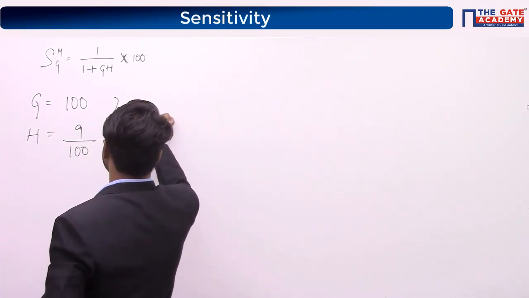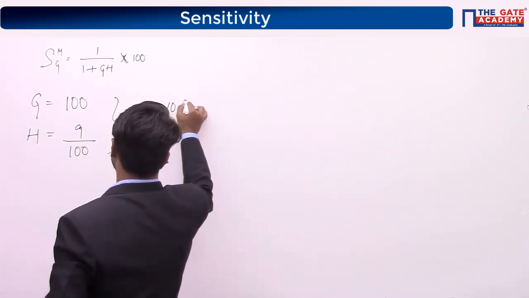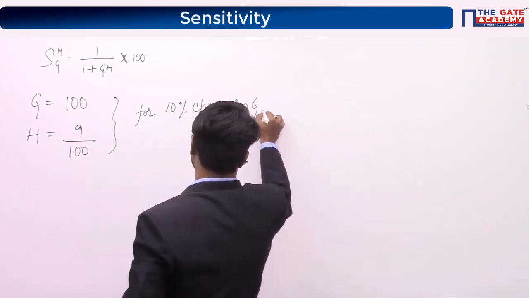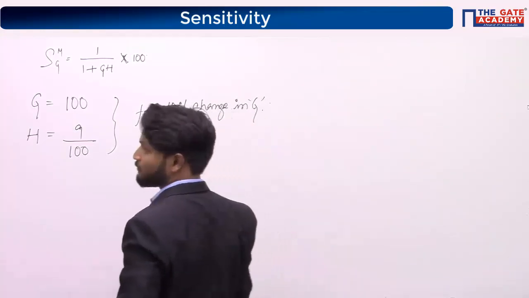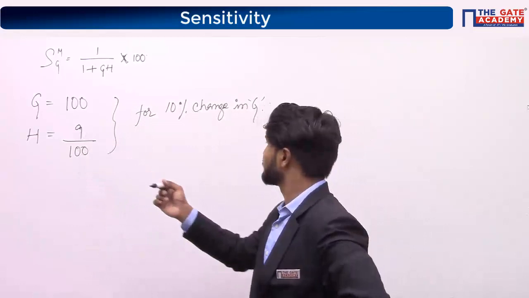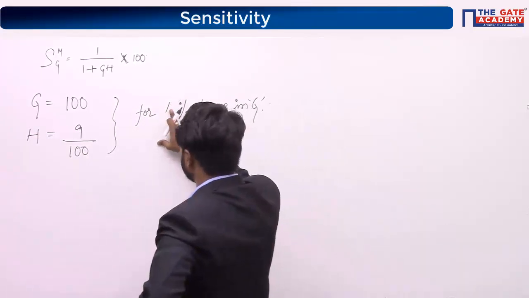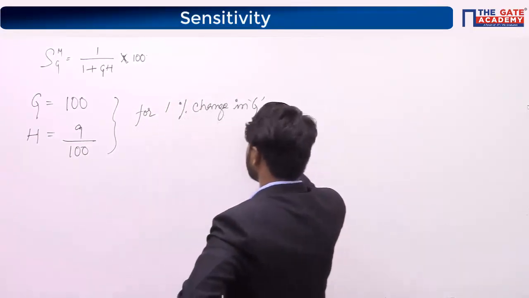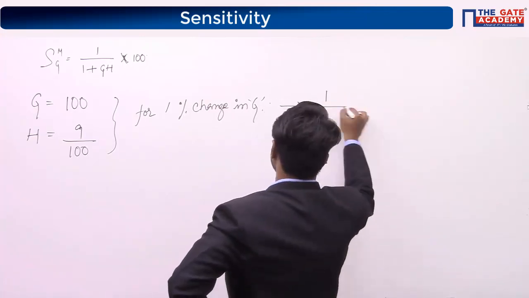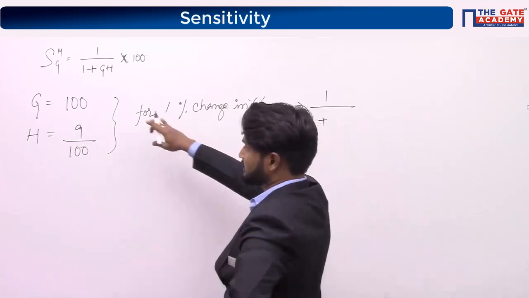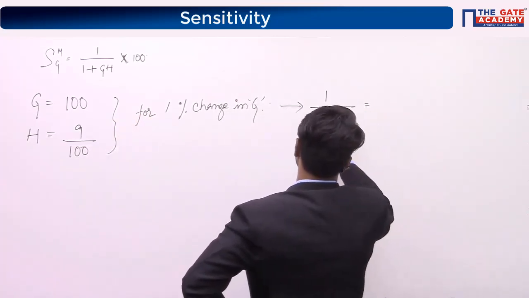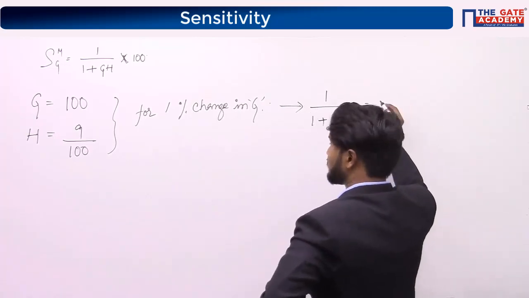Therefore, for 10% change in G, the variation in G is 10%. For 1% change in G, the change in M will be 1 by 1 plus GH, that is 1 by 1 plus 9. 1 by 1 plus 9 is how much?